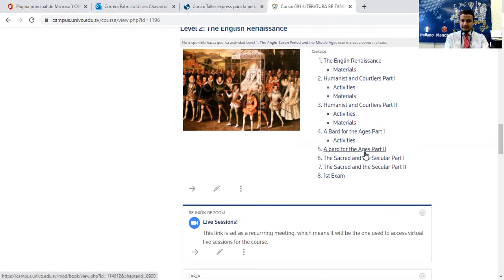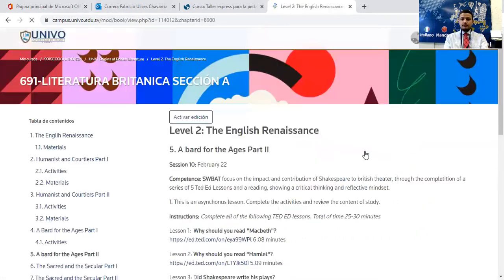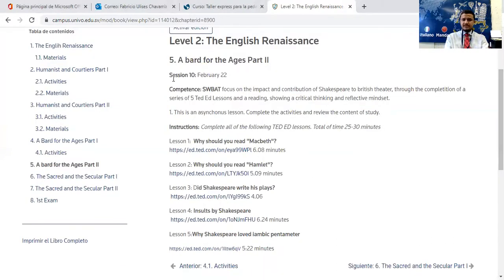So you click here on the second part, part 2. Make sure it says session 11. I'm sorry for this, I'm going to correct this. Session 11, and it needs to say February the 22nd or February the 23rd, depending on the group you belong to, whether it's A or B.